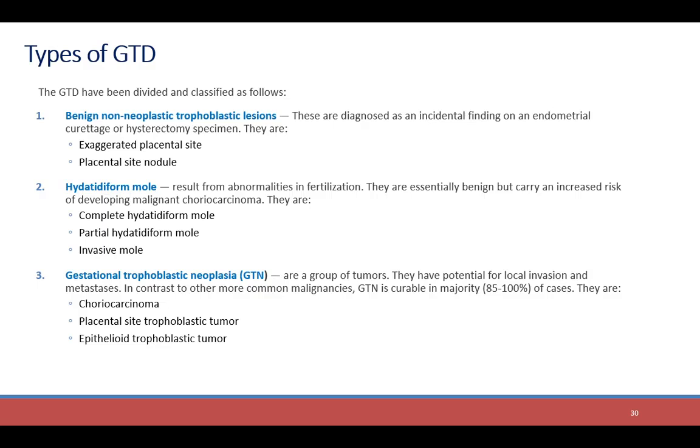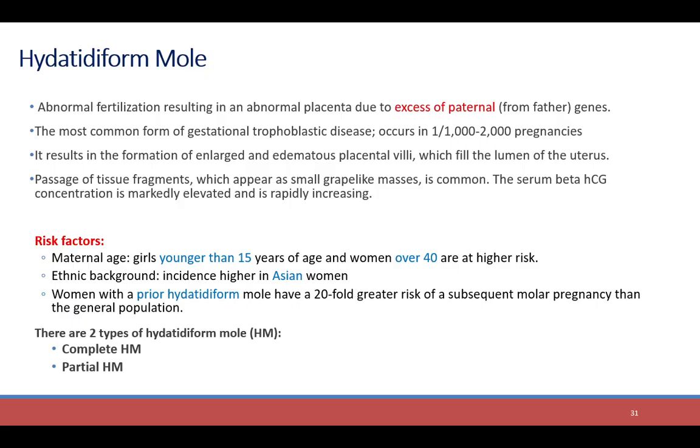Who has seen one of these in 50-year practice? So what's important? Molar pregnancy and the neoplasia choriocarcinoma. So we're going to the important ones and ignore all the others. The molar pregnancy is clinically important, and the choriocarcinoma is important.